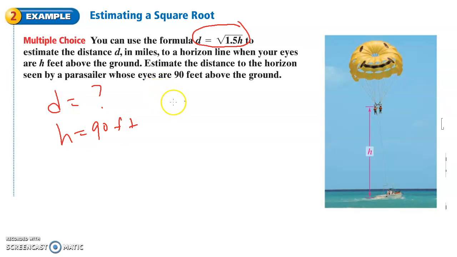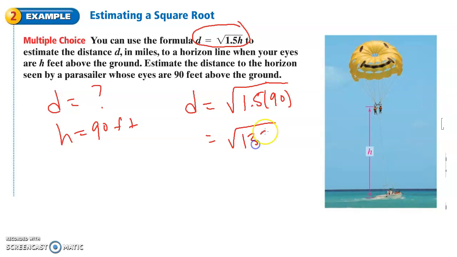So all we're going to do is evaluate. d is equal to the square root of 1.5 times 90. I know this is multiplication because a number next to a variable indicates multiplication. And if I use a calculator, 1.5 times 90 is the same thing as 135.